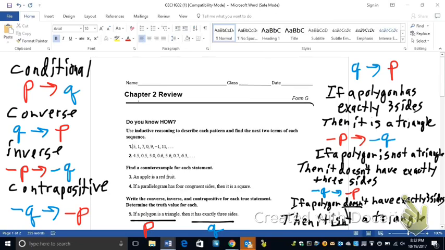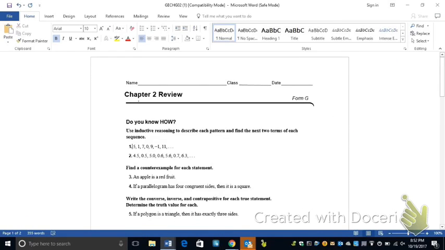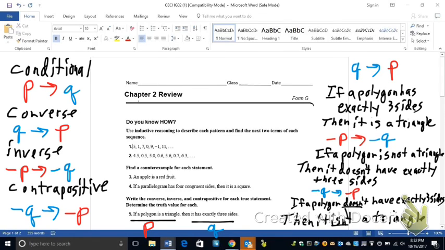So on this one, if a polygon has exactly 3 sides, it is a triangle. Are all polygons with exactly 3 sides a triangle? Sure are. If a polygon isn't a triangle, then it doesn't have exactly 3 sides. Also true. And if a polygon doesn't have exactly 3 sides, then it isn't a triangle. Also true. So all 3 of those are true.